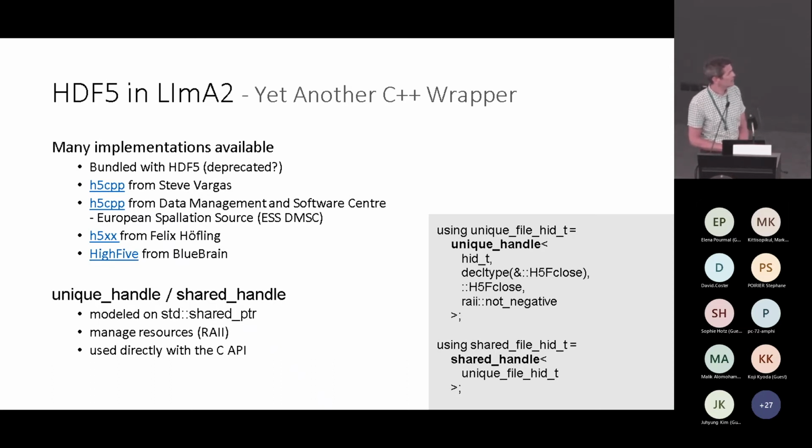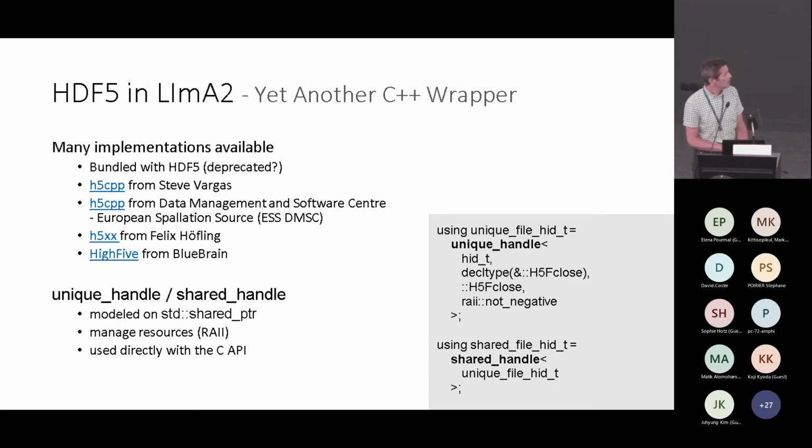We basically use something that we call the unique handle and shared handle, just to manage the resource in a resource acquisition is initialization way, RAII. And this unique handle and shared handle is modeled on the standard shared pointers. And then we use the C API directly. One of the reasons is that none of the wrappers here are covering the full C API.